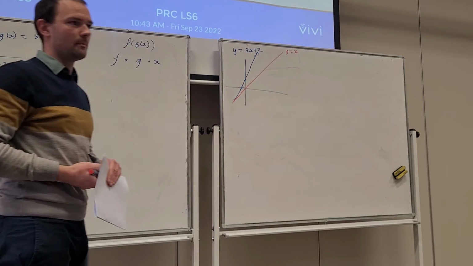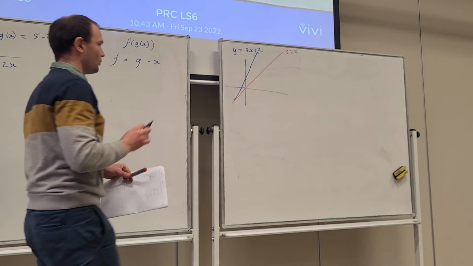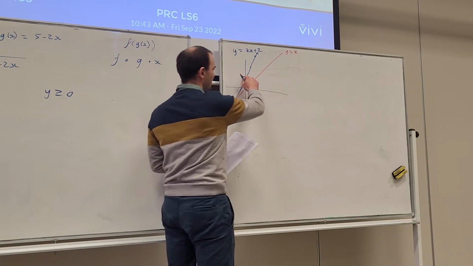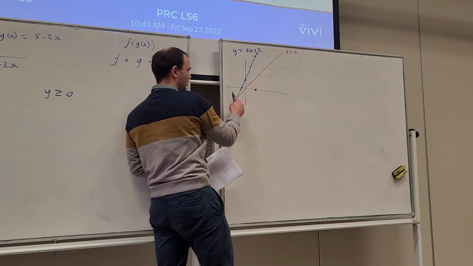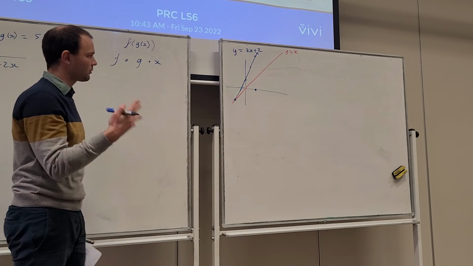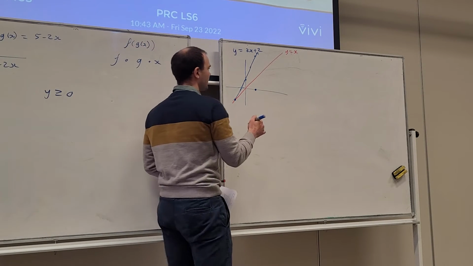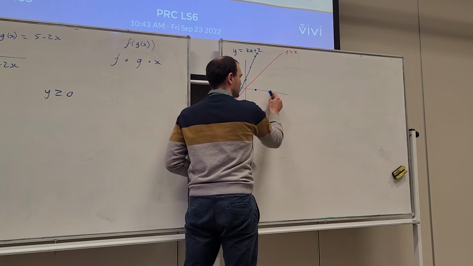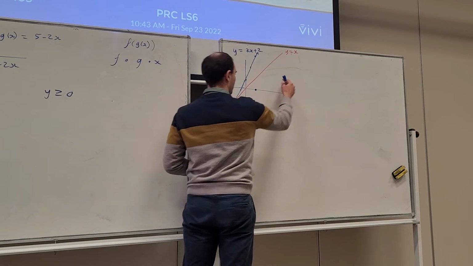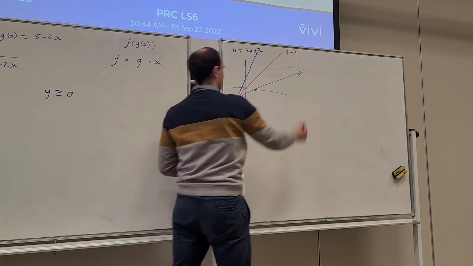So the y-intercept becomes the x-intercept. Wherever it crosses the line y equals x, the inverse would also cross at that point. Rather than going across 1 and up 3, it's going to go across 3 and up 1, so it's going to look something like this.